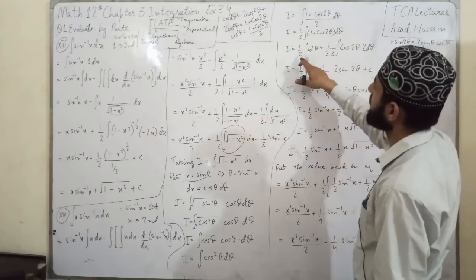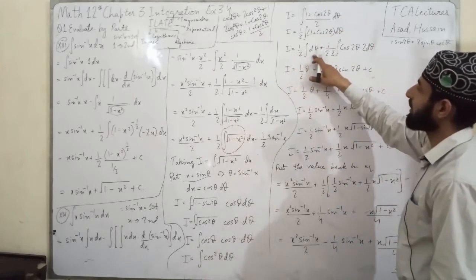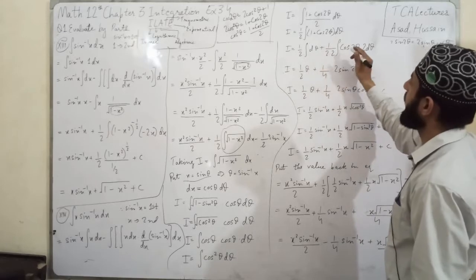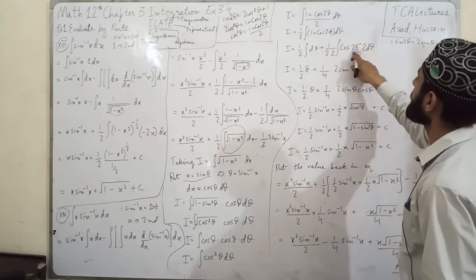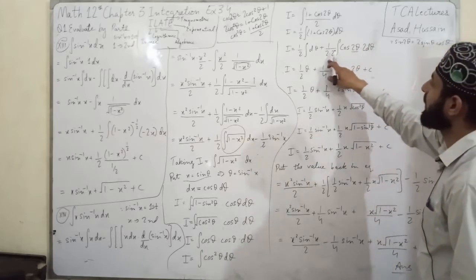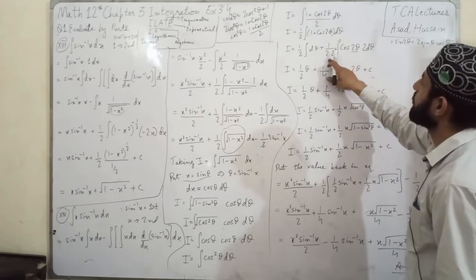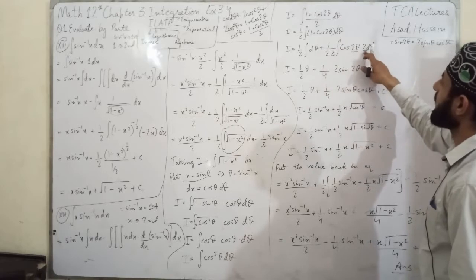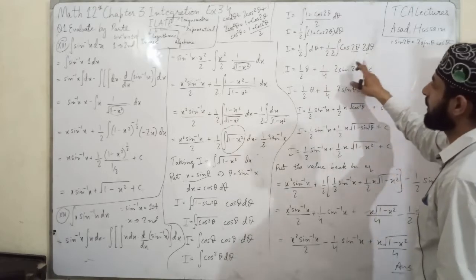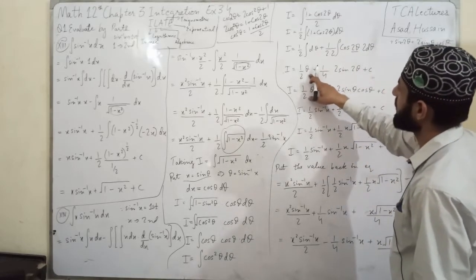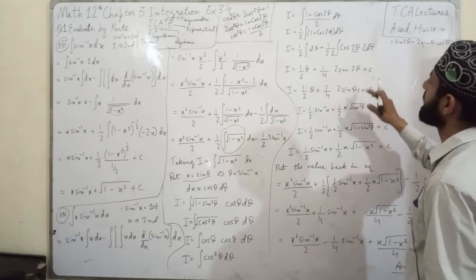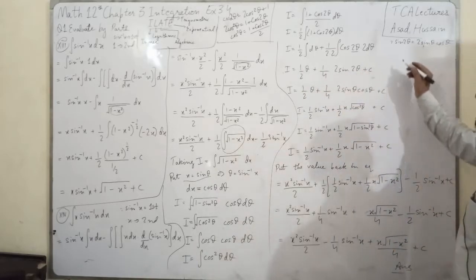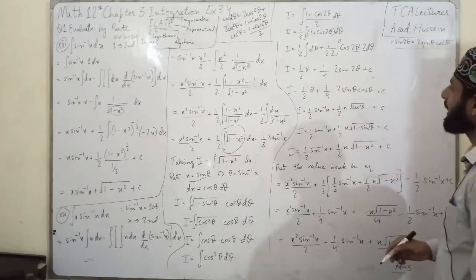1 over 2 is taken as common, so integral 1 plus cos 2 theta d theta. Taking integral separately we get 1 over 2 integral d theta plus 1 over 2, as we know that the derivative of angle 2 theta is not present, so multiplying and dividing by 2 we get 1 over 2 into 2 integral cos 2 theta into 2 d theta. Integrating we get 1 over 2 theta plus 1 over 4 into sine 2 theta plus c. As we know that sine 2 theta is equal to 2 sine theta cos theta.